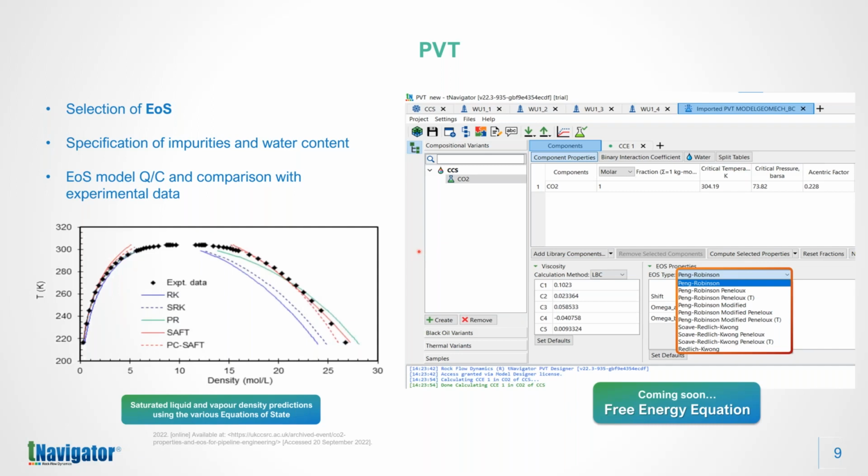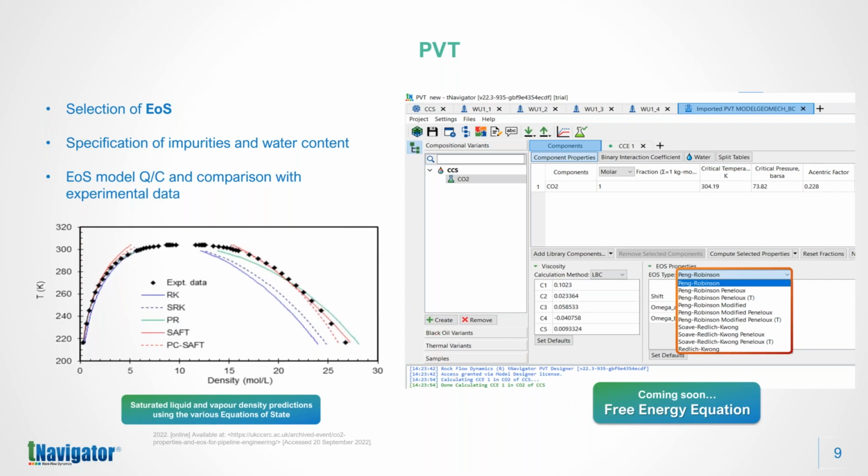We have a few developments coming, and we will implement a free energy equation soon. Meanwhile, we can use existing equations of state to describe the PVT properties of CO2 and impurities as well. Basically, the PVT is quite important for carbon capture and storage projects, and PVT uncertainty might affect the quality of the model and further results. Therefore, it should be checked.